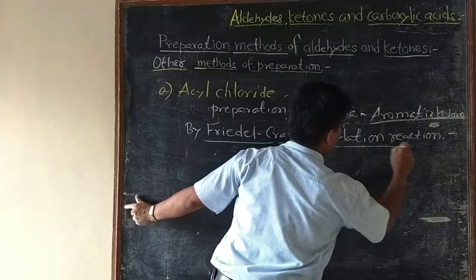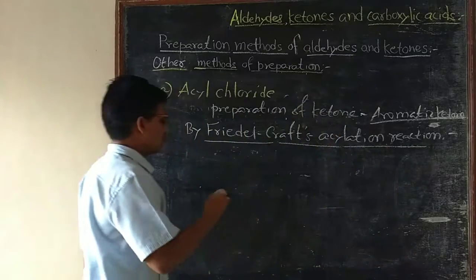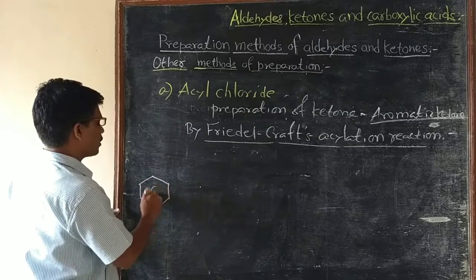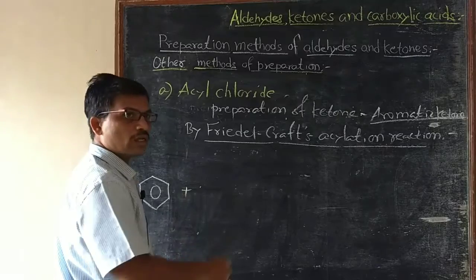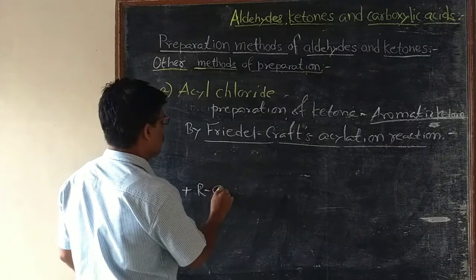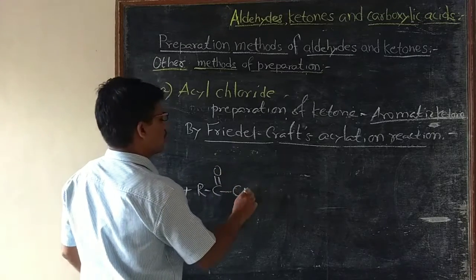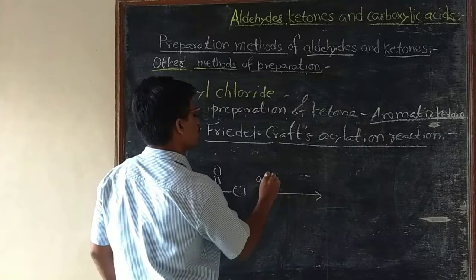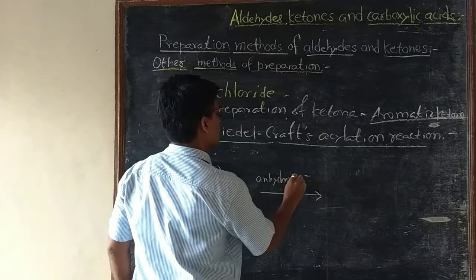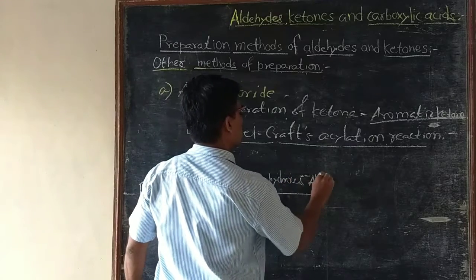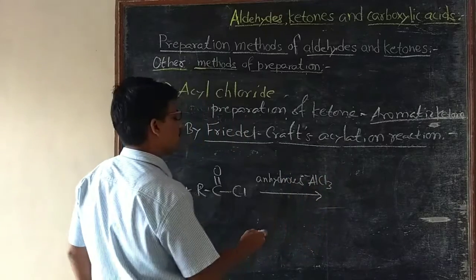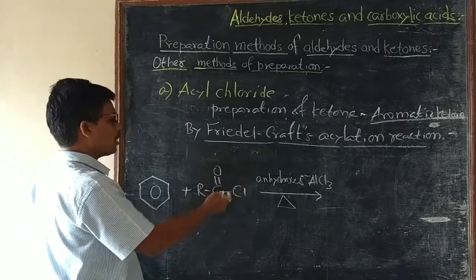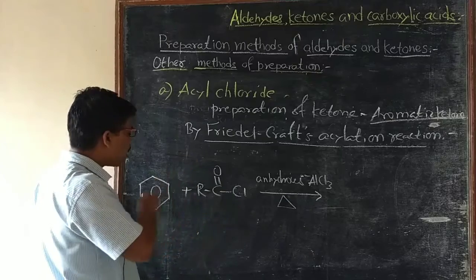According to this reaction, benzene reacts with acyl chloride in presence of anhydrous AlCl3, that is aluminum chloride, and when heated, it forms acyl benzene.